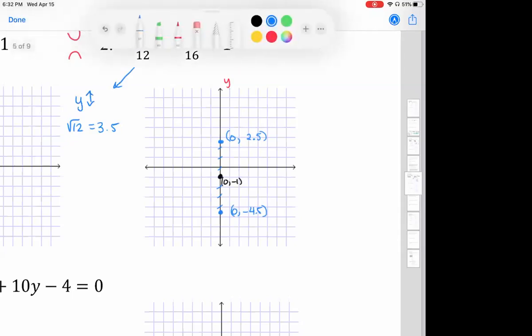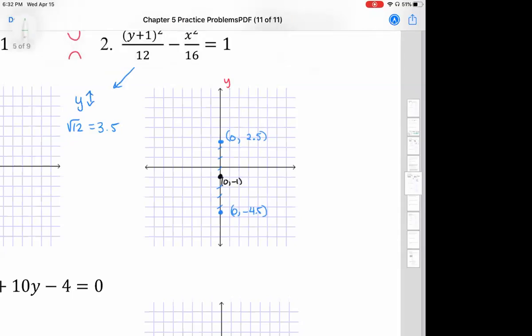All right, next piece, our x's. So x goes from left to right. Your x-axis goes from left to right. I have 16. I take the square root of 16. I get 4. So I go left to right 4. 1, 2, 3, 4.